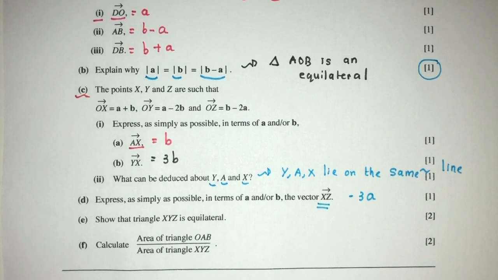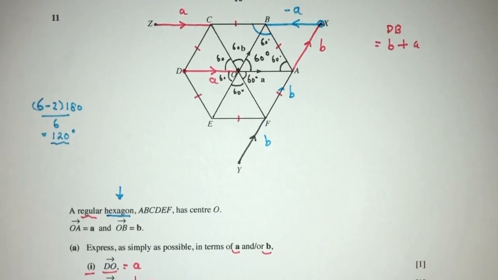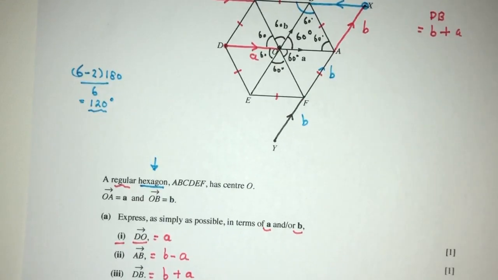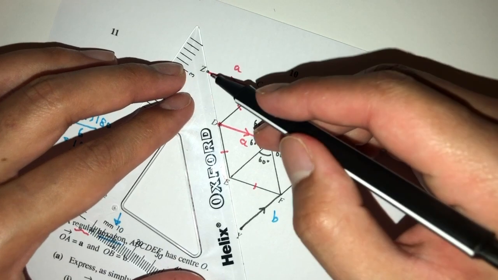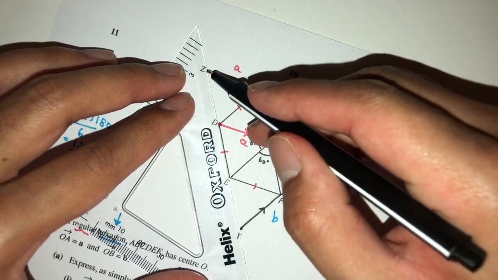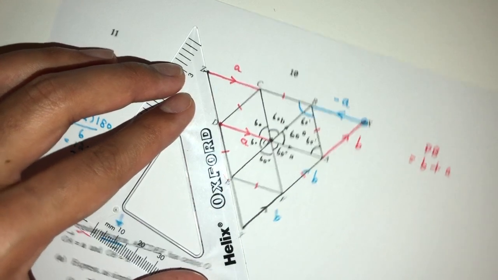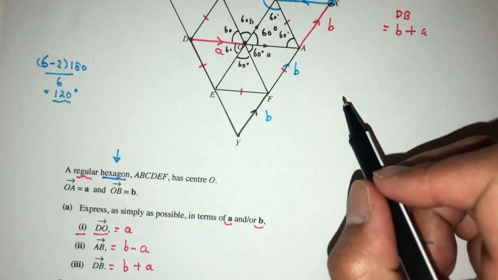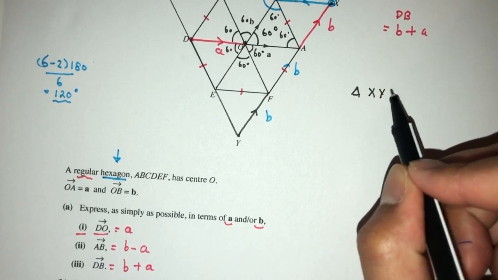Okay. Now for part E, we have to show the triangle XYZ is equilateral. So pretty easy. We will just use the same concepts from part B right here. So we have the triangle XYZ.